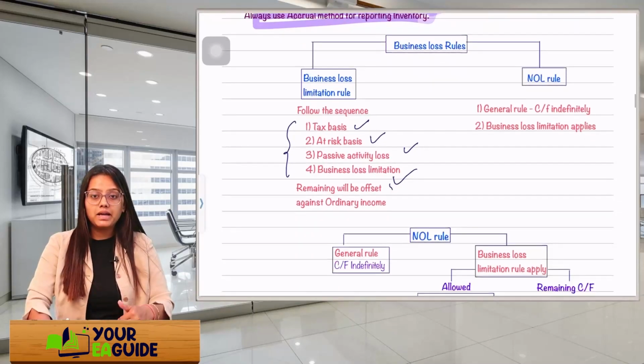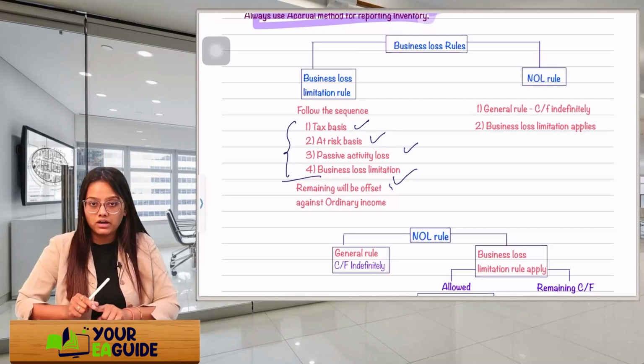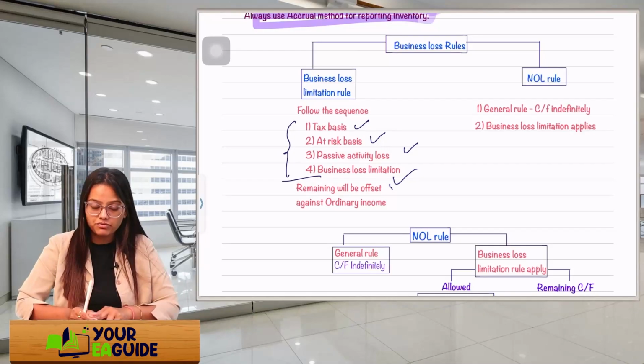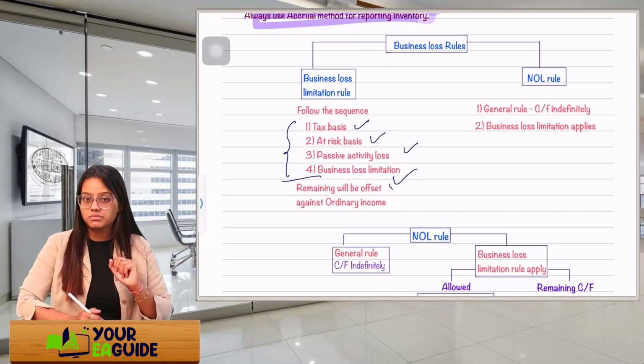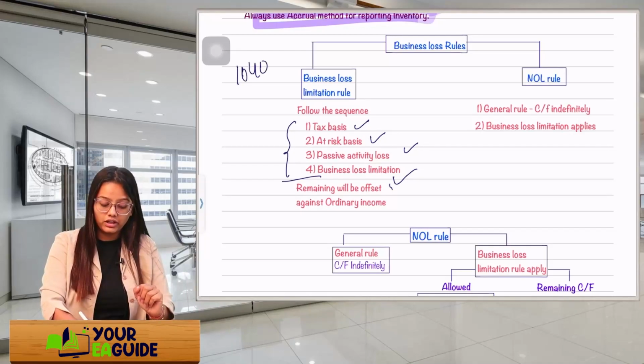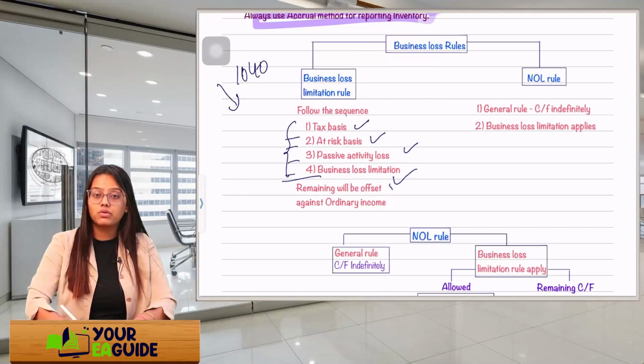Whatever still remains will be offset against ordinary income. Now let's say you are a shareholder in an S corp, a partner in a partnership firm, or just an individual receiving a K-1 in which a loss is mentioned. While filing a 1040, can you take those losses in your tax return? The answer is yes, but you have to take them in this sequence.